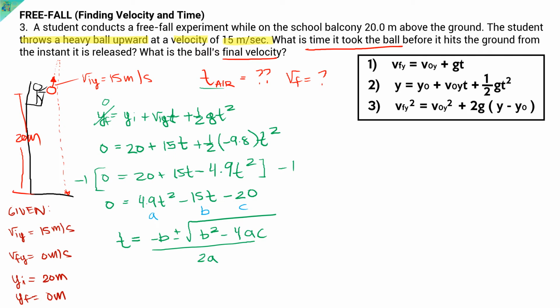Let's do that. So that will be t is equal to negative b, multiplied by negative 15.